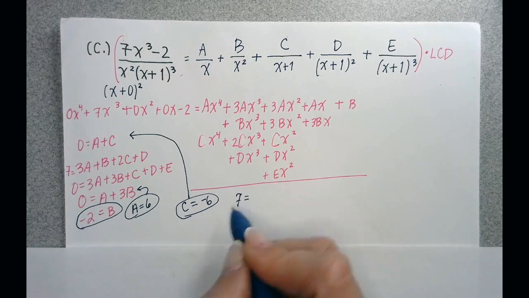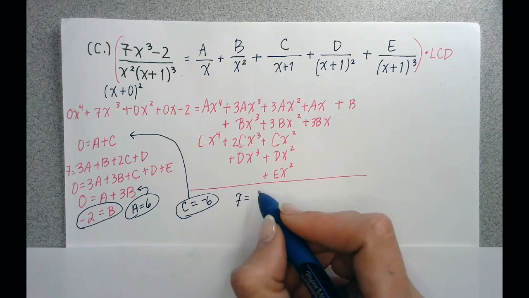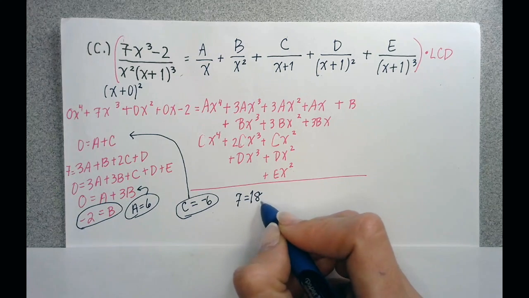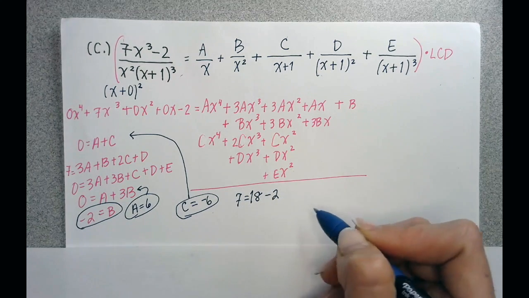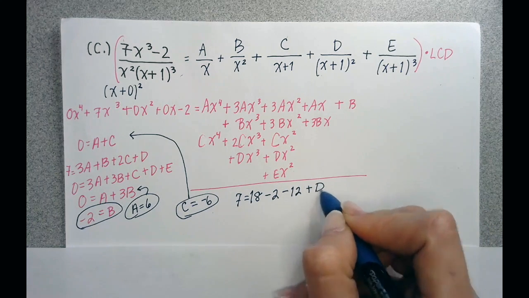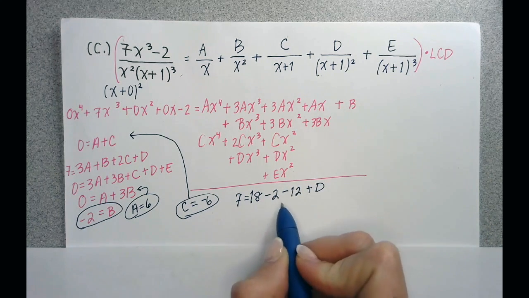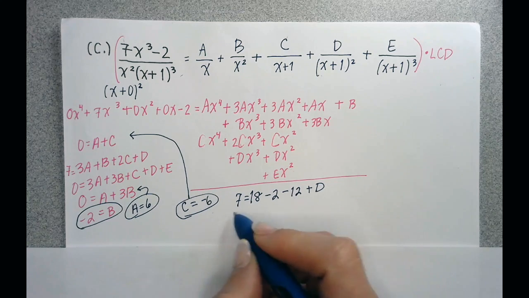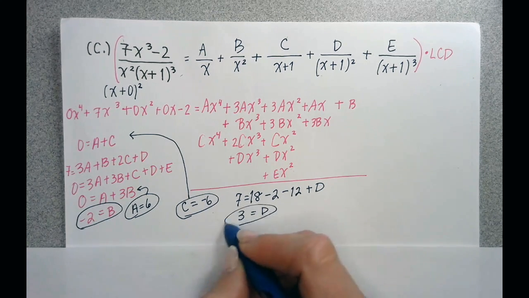So 7 equals, let's do a little bit of writing out right now, 3 times a, so 18, plus b, so minus 2, plus 2c, so minus 12, plus d. Okay, 18 minus 2 is 16, 16 minus 12, we get 4, subtract 4 over 3 is equal to d.